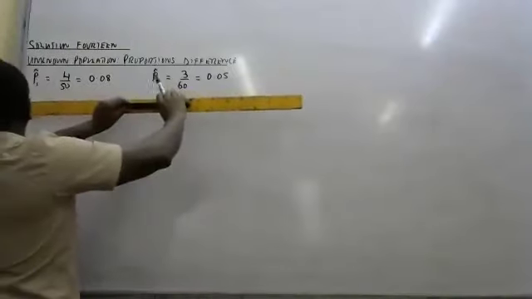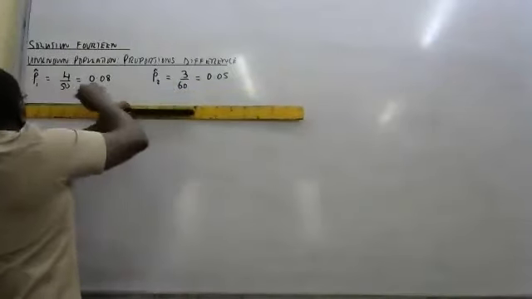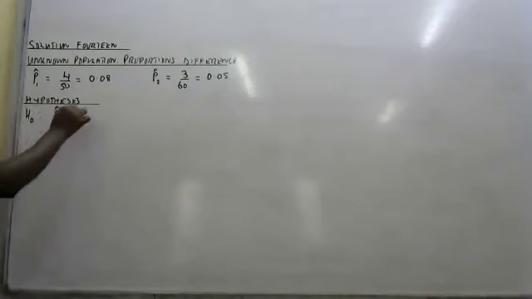Now you begin the hypothesis. I've told you the null is always stated that proportion 1 is equal to proportion 2.